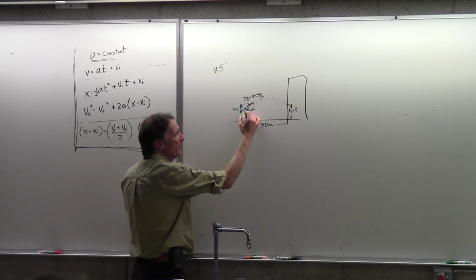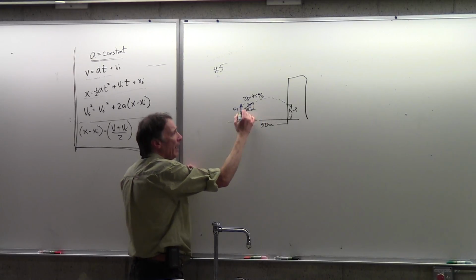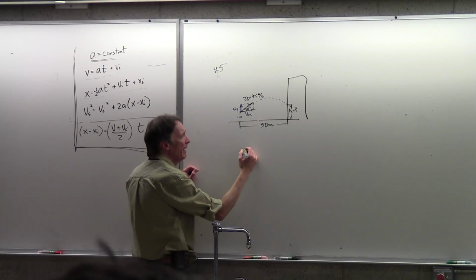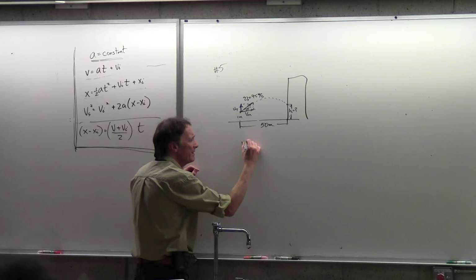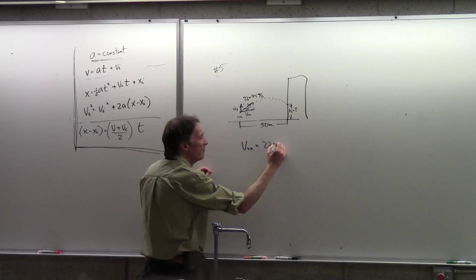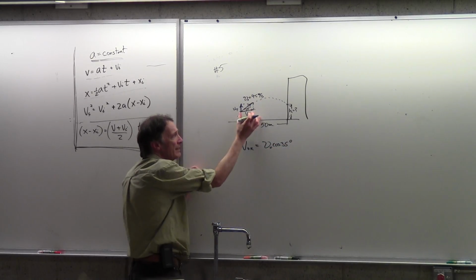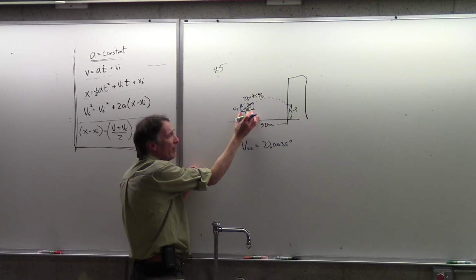In terms of the trigonometry here, we've got a 35 degree angle. The initial velocity in the x direction is going to be the initial velocity times the cosine of 35 degrees. That's just the side adjacent to that angle.